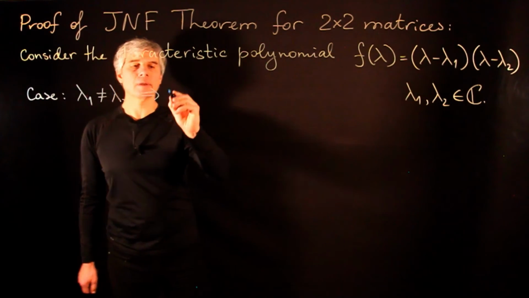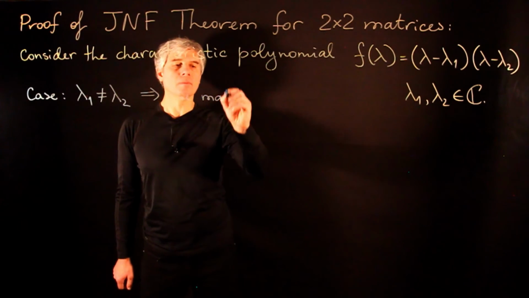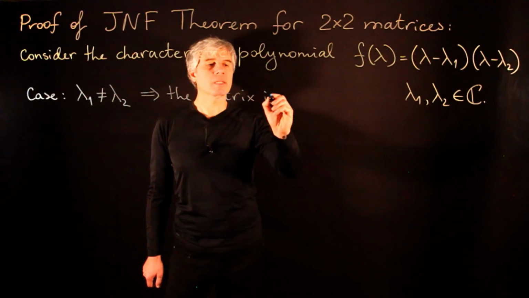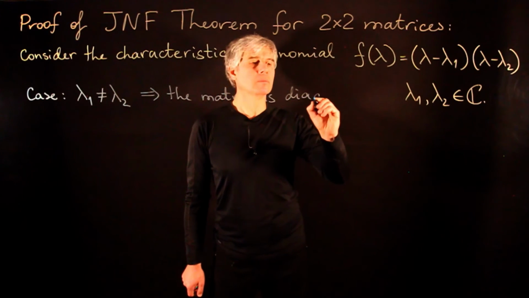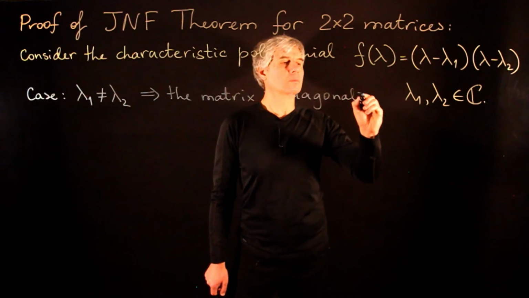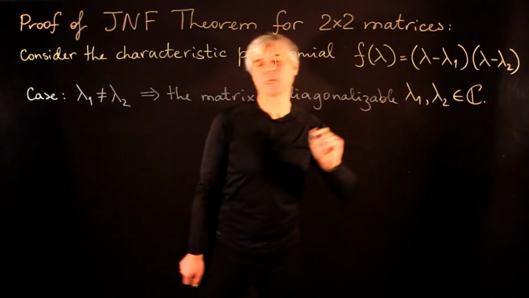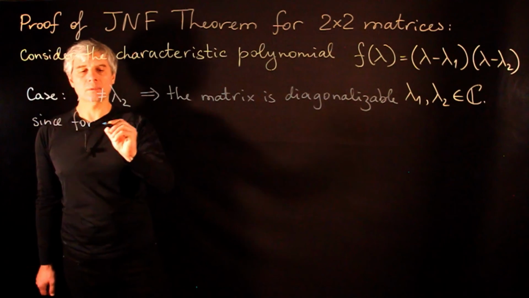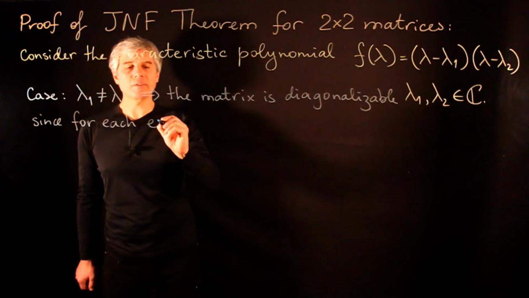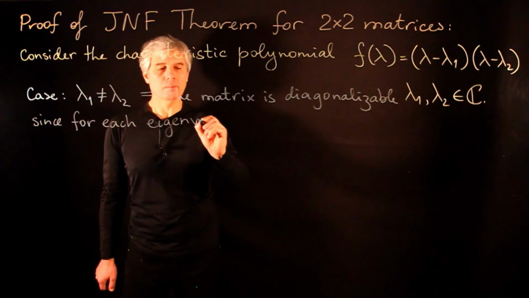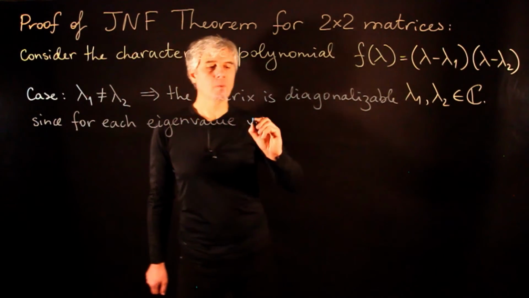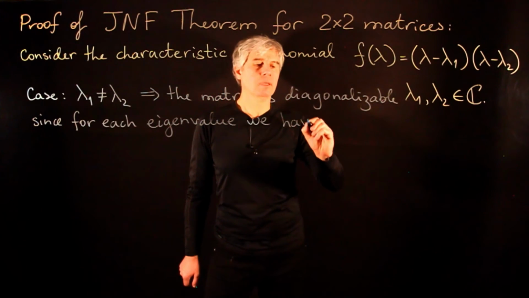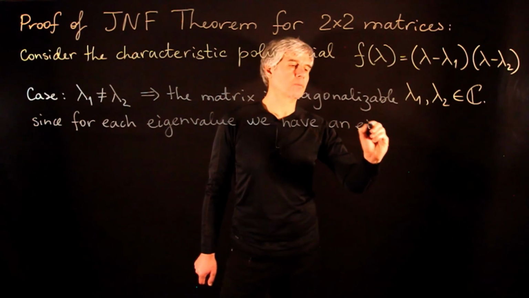In this case, the matrix is diagonalizable since for each eigenvalue we have an eigenvector.